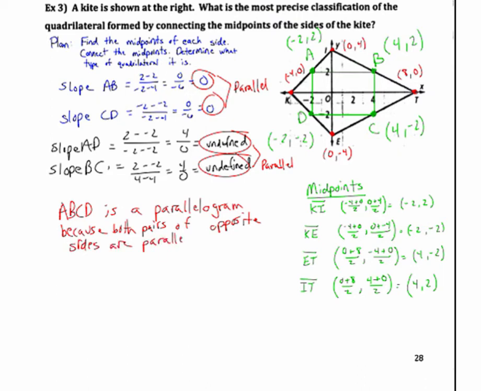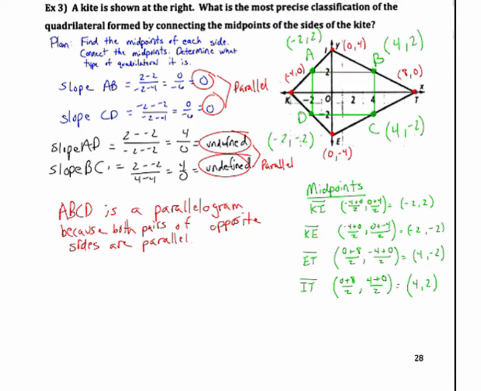Now the question asked me to find the most precise classification. It's definitely a parallelogram because I have 2 sets of parallel sides. But if the sides are the same length, then it's a rhombus, which I can clearly count the sides are not the same. AD has a distance of 4 and AB has a distance of 6. So it's not going to be a rhombus.